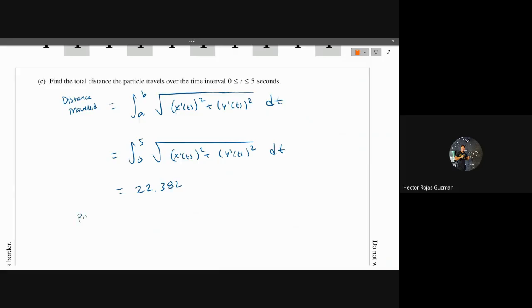So the particle travels 22.382 meters during the first 5 seconds.